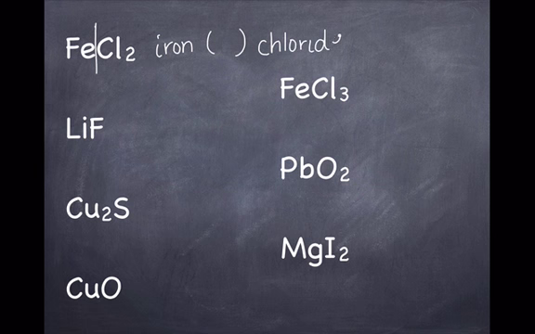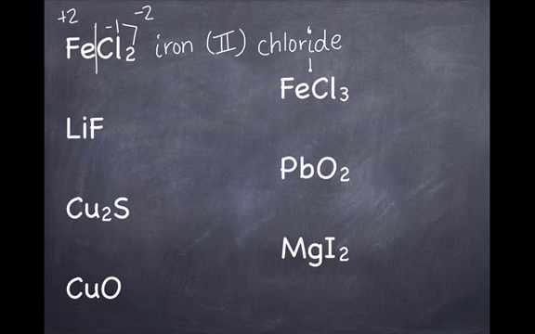Chlorine has a -1 charge all the time, but I have 2 of them, and a -1 times 2 would be an overall charge of -2. So this side must be a +2, and since I only have 1 iron, that iron must have the +2 charge. So I would put a 2 in Roman numerals there. This is iron 2 chloride.